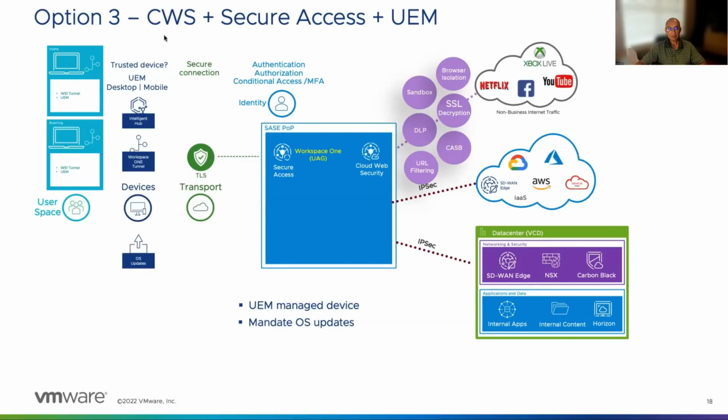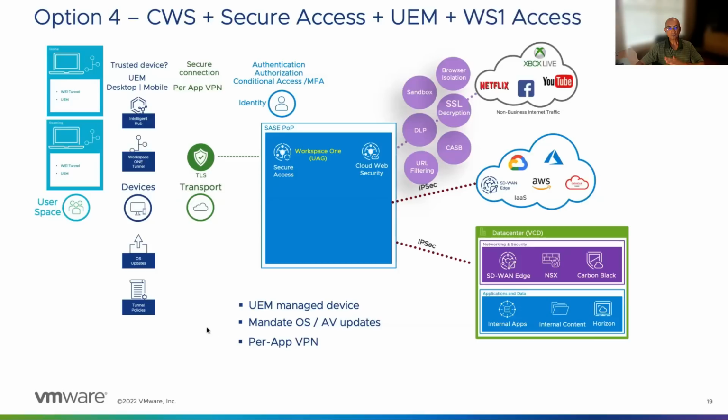Also with UEM, because you now manage the device, you can mandate things like OS updates, where you can say vulnerable versions of an operating system must be patched prior to accessing corporate devices. You can force multi-factor authentication and things like that with OS updates. And like I said, you have tunnel policies and antivirus patches as well that you can force.